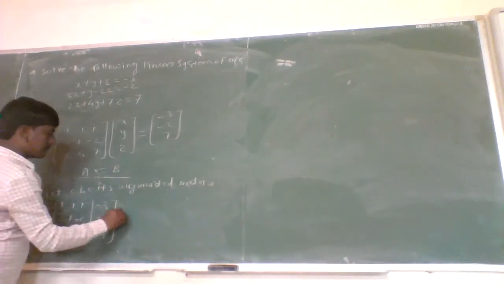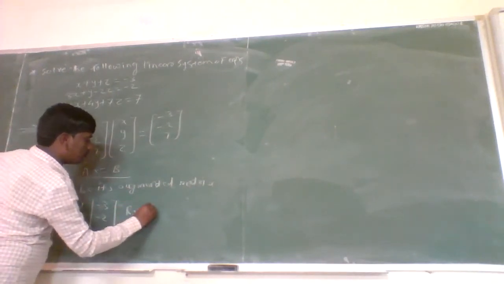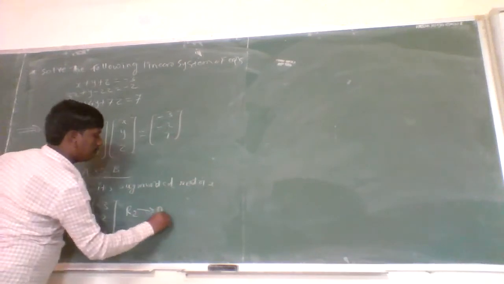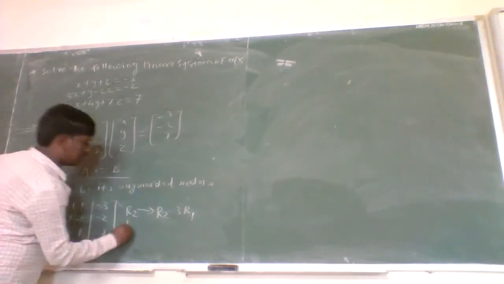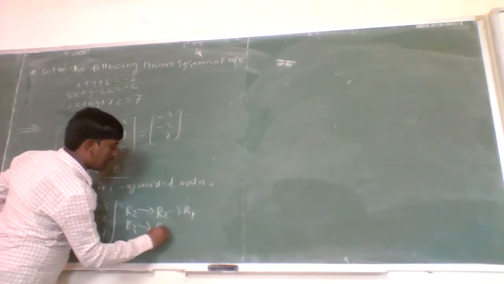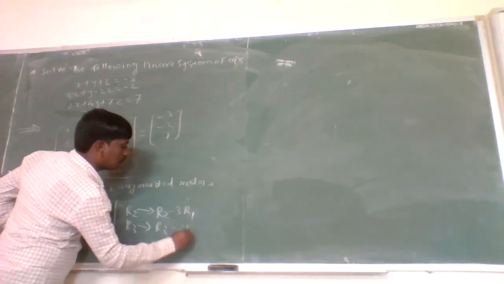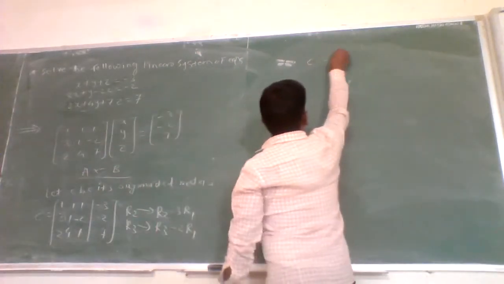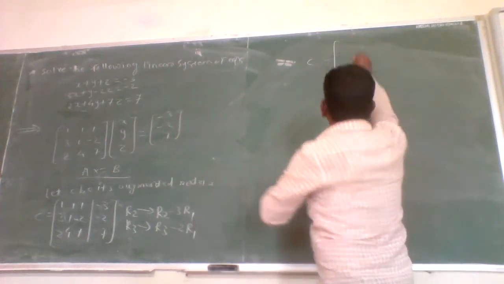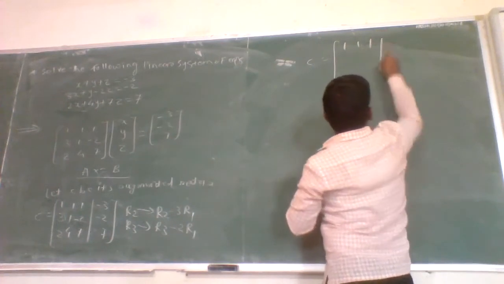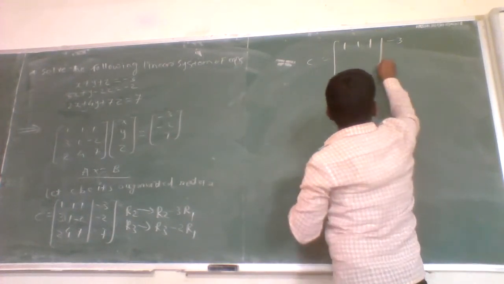Let us change row R2 to R2 minus 3R1. That is, here we have to make this entry equal to 0. And similarly, R3 changes to R3 minus 2R1. Then the augmented matrix C now becomes 1, 1, 1, minus 3, the first row as it is.